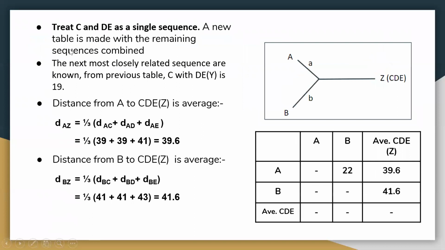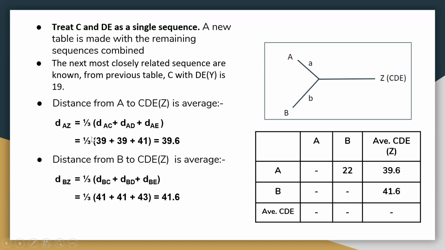After that, we need to treat the C and DE as a single sequence and make a new table. Let CDE be Z, then calculate the average of the distance from A to Z and from B to Z using the formula.